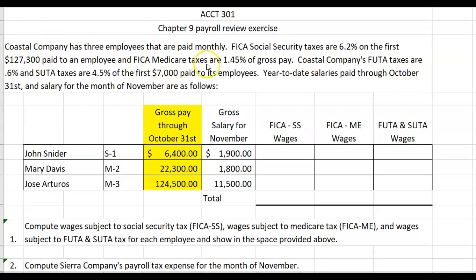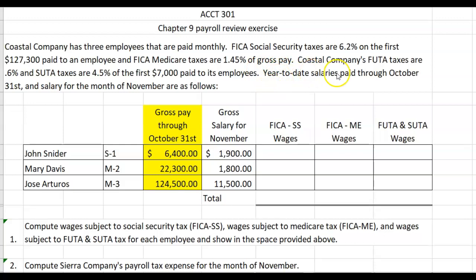And FICA Medicare taxes are 1.45% on all gross pay. Coastal Company's FUTA taxes are 0.6%, and SUTA taxes are 4.5% in this problem on the first $7,000 paid to each employee for the year.